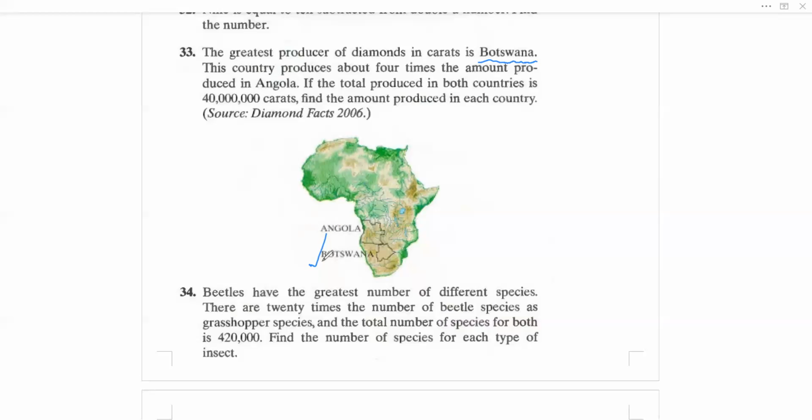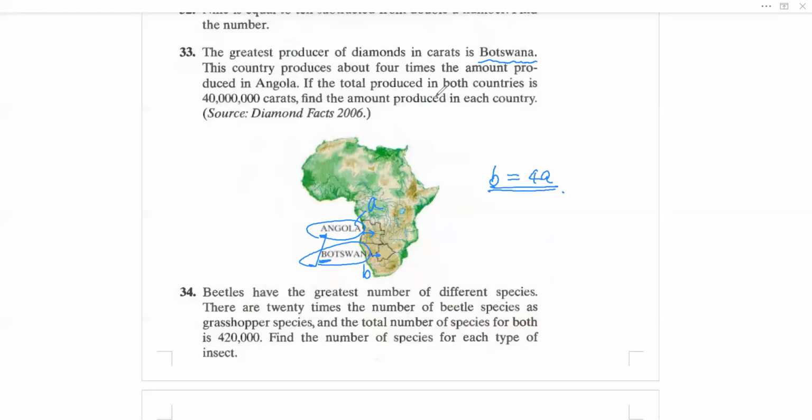But let's say B country and A country, okay? B country produces 4 times the amount of A country. So A country, we say A. B country, we say B. B equals 4A, right? 4 times A.